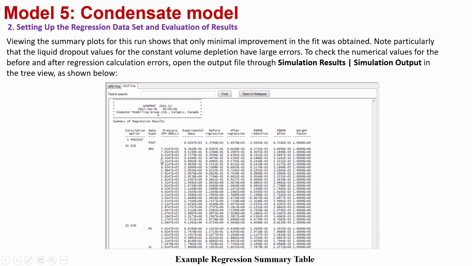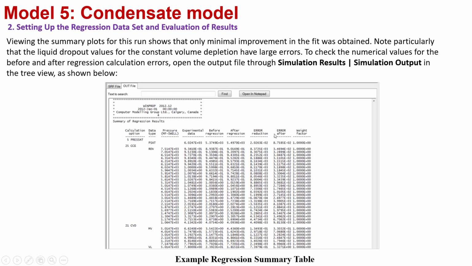To check the numerical values for the before and after regression calculation error, you open the output file through the simulation results. You go to simulation output in the tree view, and probably you can have an interface like this. You can observe the difference between the before regression, after regression, and experimental data.